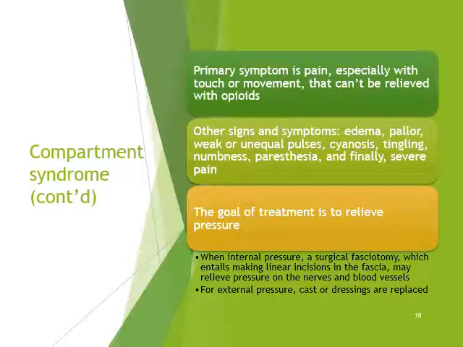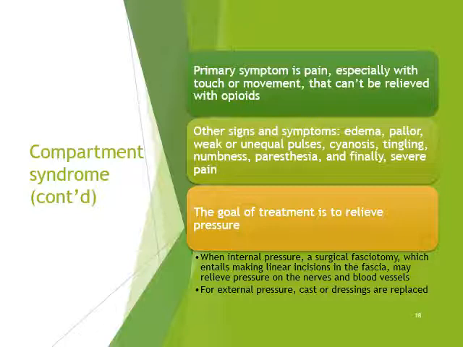The primary symptom is pain, and this is very severe pain. In fact, it can't be relieved with opioids. So that's one of the uniqueness of a compartment syndrome. It is pain unrelieved with opioids. It's especially painful with touch or movement.